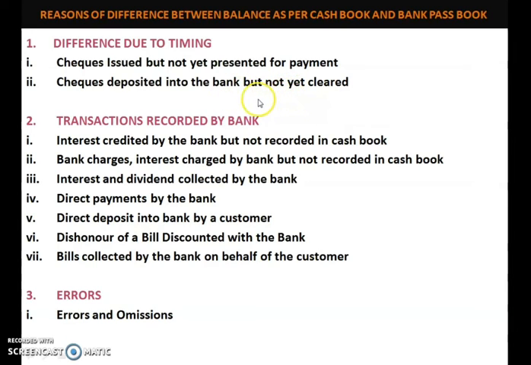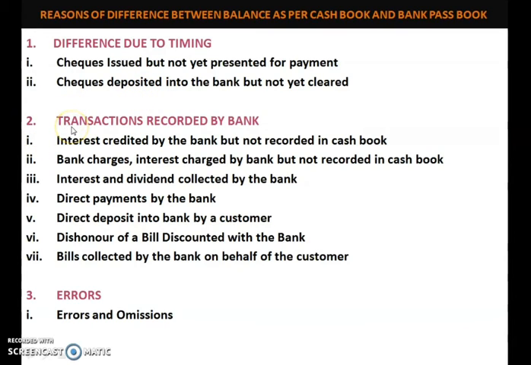So at the end of the accounting period, when we check our passbook and cash book, the cash book receipt side has increased, but the passbook deposit side is not showing this record. So there is a difference between the passbook and cash book, and for that we have to prepare a bank reconciliation statement.